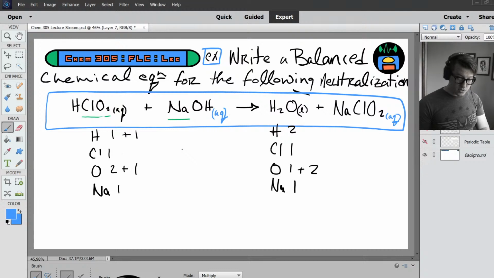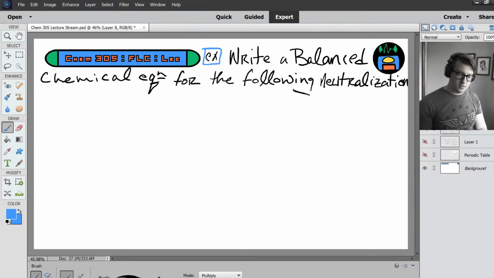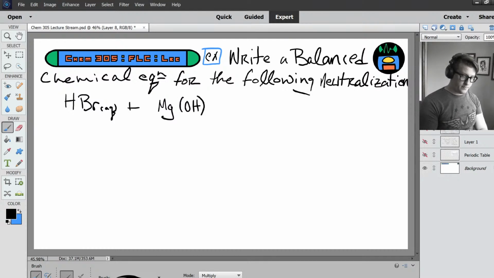So let's take a look at another one where we might have to do a little more legwork. So let's write a balanced chemical equation for this neutralization reaction that takes place between hydrobromic acid, which is aqueous, and magnesium hydroxide. All right, now hydroxide is usually insoluble, right?